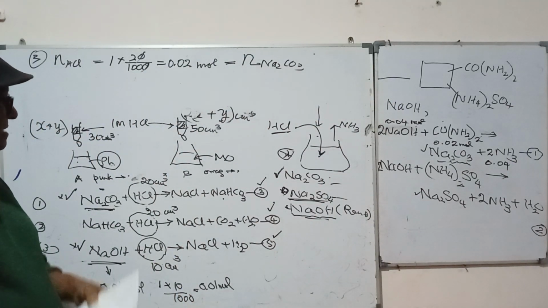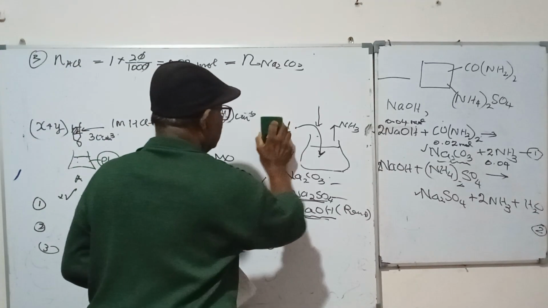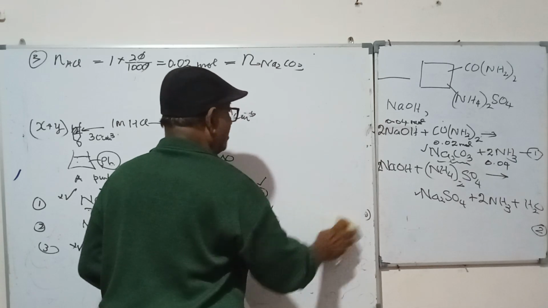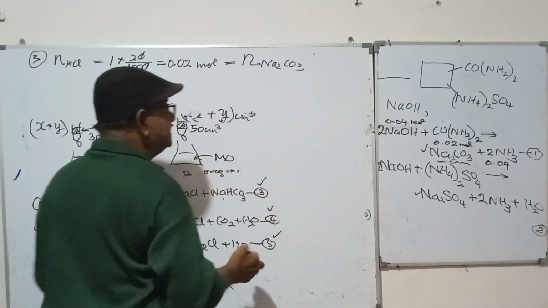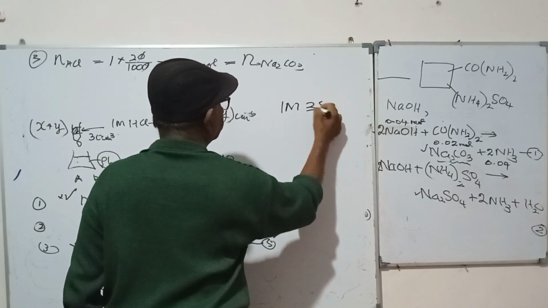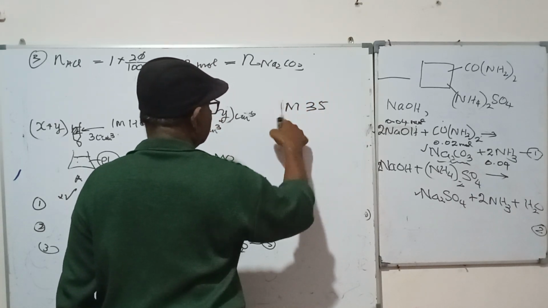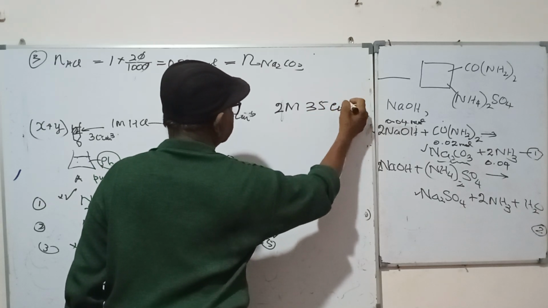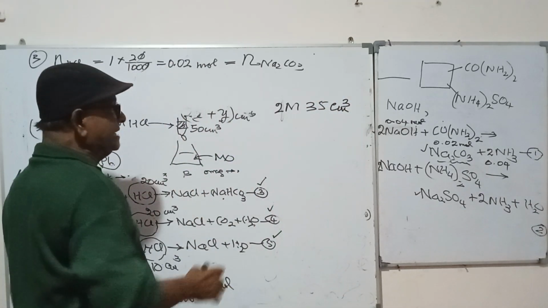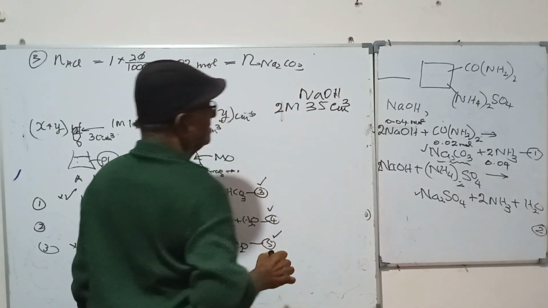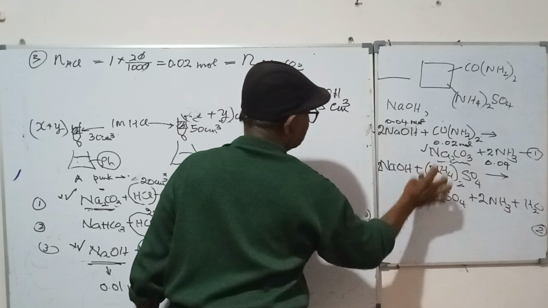Then we know that the total NaOH added was 2 M, 35 cubic centimeter, not 1 M really, 2 M. That was added initially for all these reactions to occur.